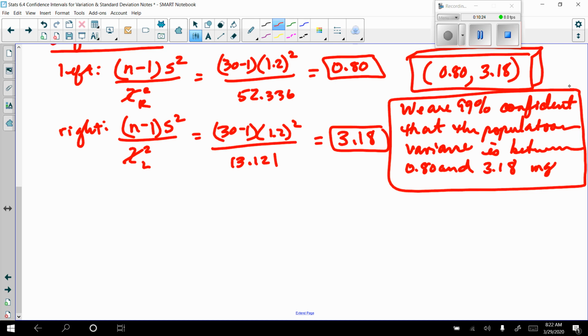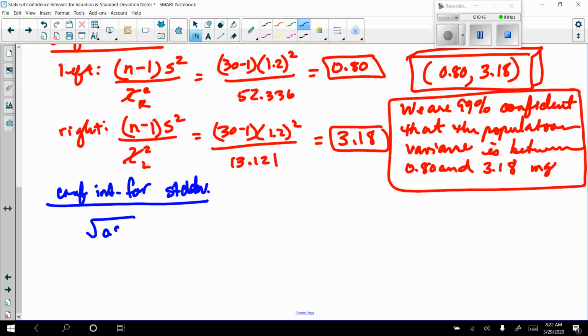In order to find the confidence interval for the standard deviation, that means I'm just going to take the square root of each one of those.